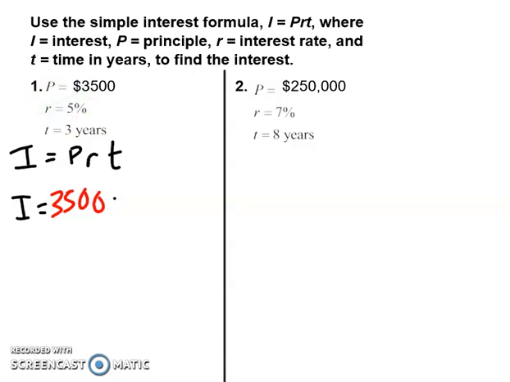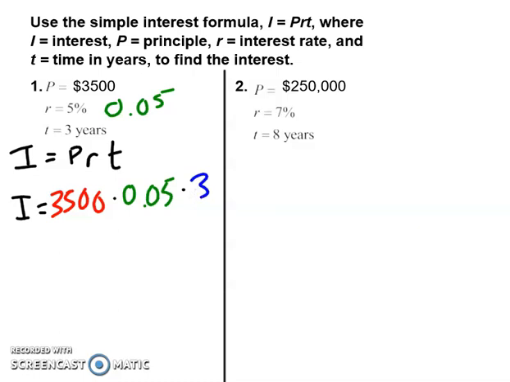But we write that as a decimal, so that's 0.05. We're going to multiply that by the time that is occurring within this interest, which is 3 years. And with simple interest, it's mainly within years.